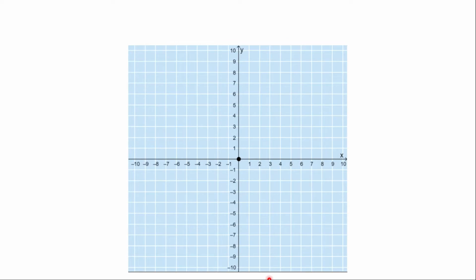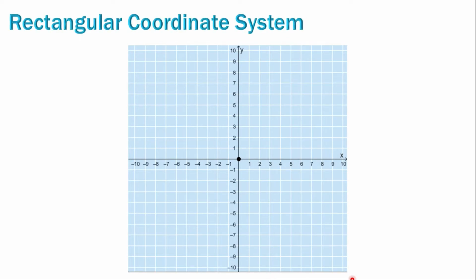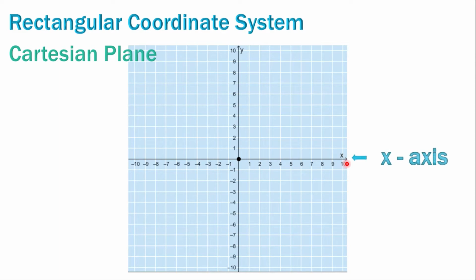So this is what we call the rectangular coordinate system, or sometimes known as the Cartesian plane. This Cartesian plane consists of two perpendicular lines, the horizontal line, which is what we call the x-axis. Sa x-axis natin, nasa kaliwa yung negative, nasa kanan yung positive.